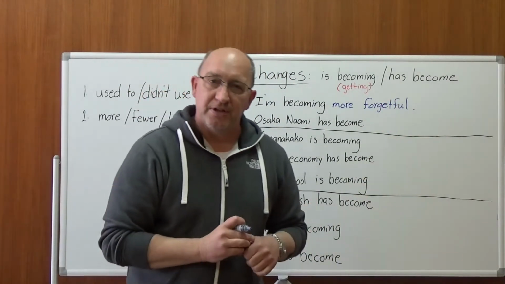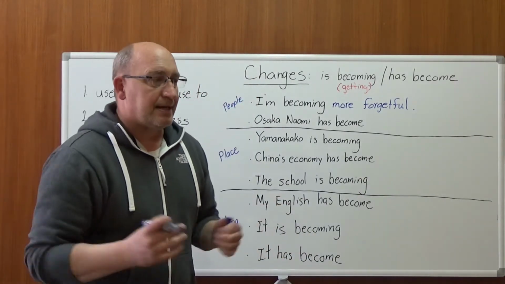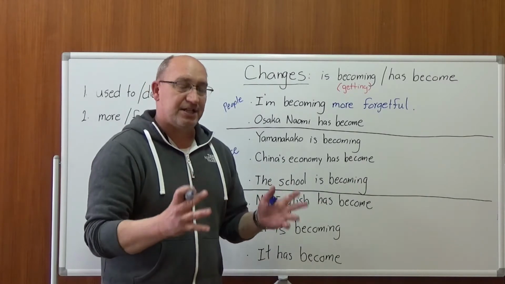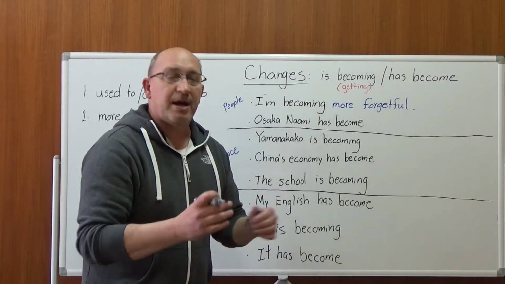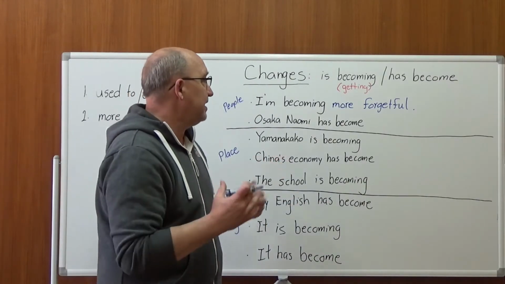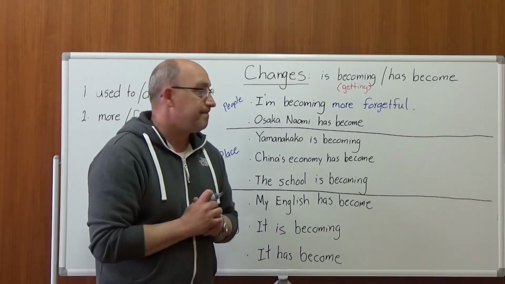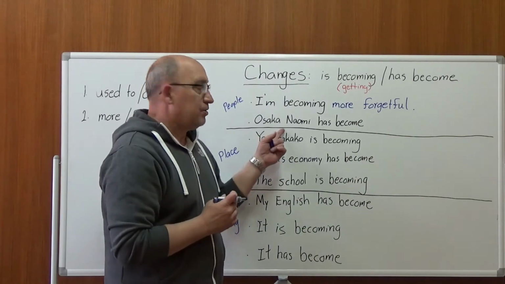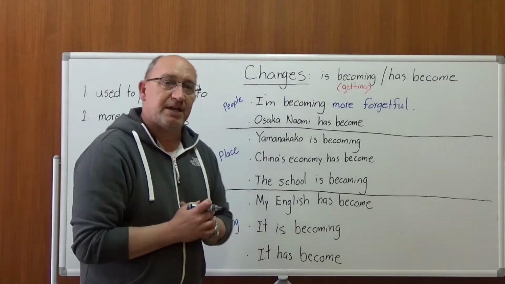For example, I'm becoming more forgetful. Maybe I forget more and more things, my schedule for today, or where I put something. Or talking about other people, for example, Osaka Naomi, of course, the tennis player.